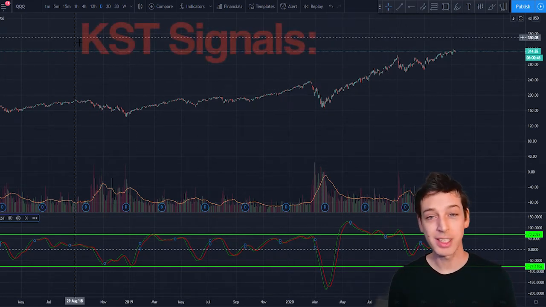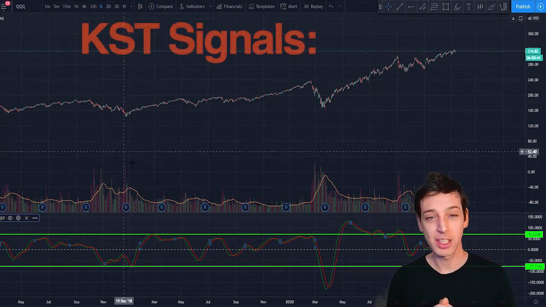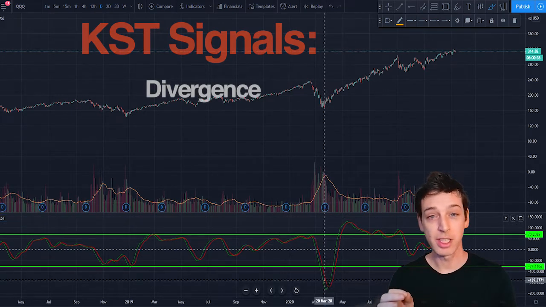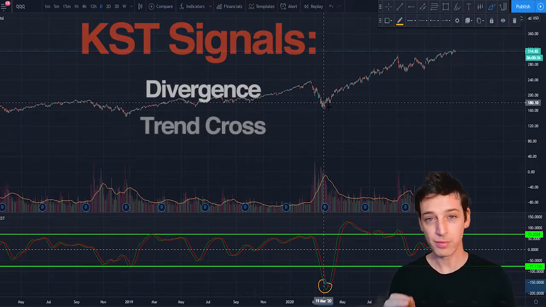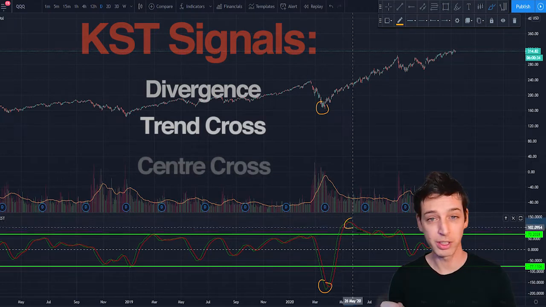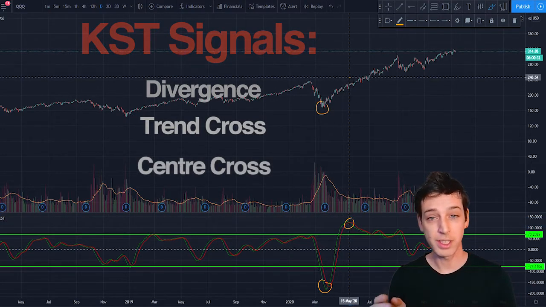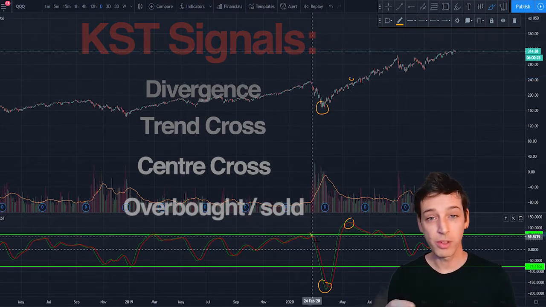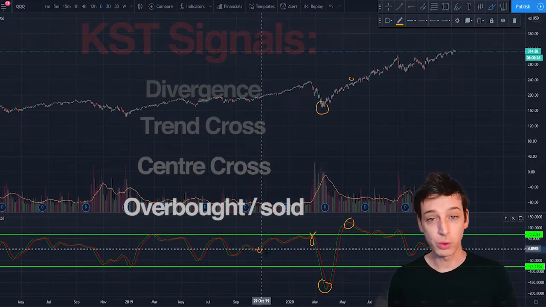So the KST gives us an indication with regards to taking trades based on bullish or bearish divergence, trendline crossovers, crosses of the central line, and readings from the overbought and oversold zones.